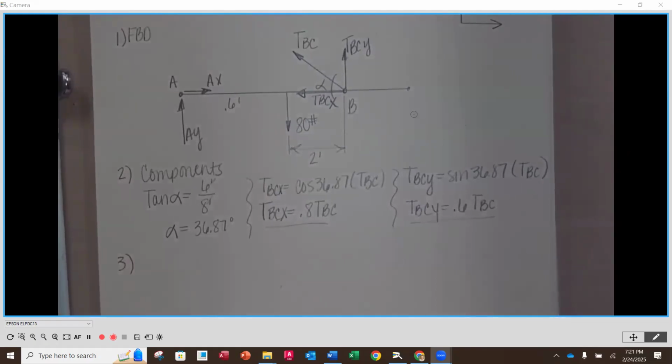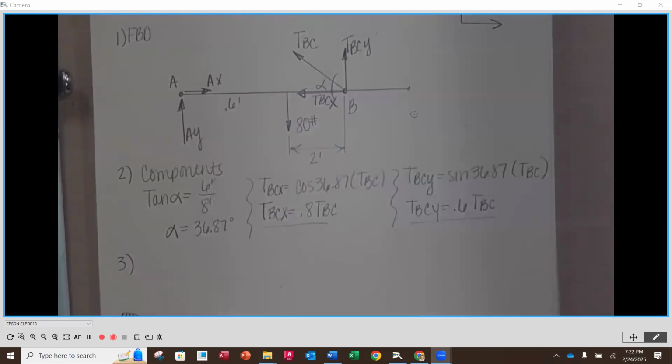At this point, you should get your X component of 0.8 times the tension in BC, so again the X component in terms of its hypotenuse, and then the Y component should be 0.6 times the tension in BC.